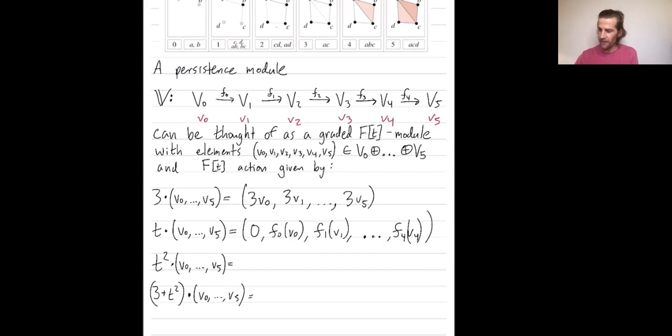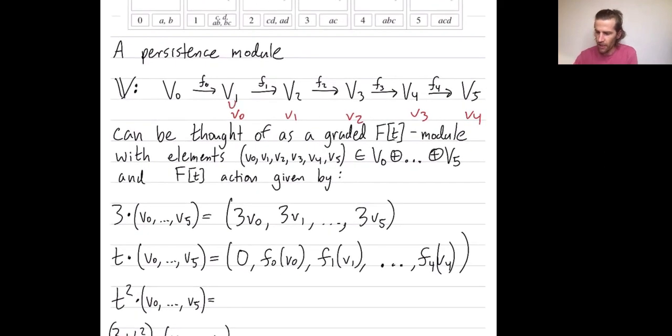Okay, but you can't just shift them over directly as I've drawn, because V0 is not an element of V1. The way I shift over is I use the maps that I have. So the way I shift over is by applying F0, by applying F1, by applying F2, by applying F3, and by applying F4.